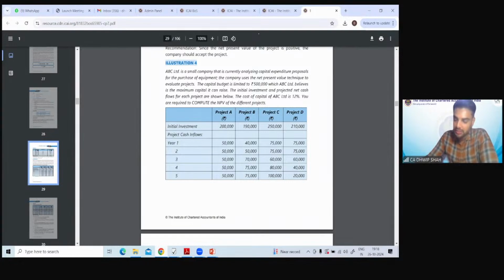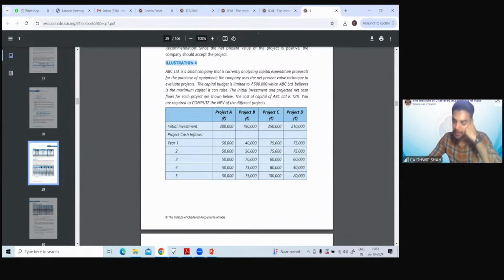The company uses the NPV technique to evaluate projects. See, the question has specifically said, use NPV technique for decision making. The budget is 5 lakh, which ABC Limited believes is the maximum capital that it can raise. The initial investment and the projected net cash flows for each project are shown below.